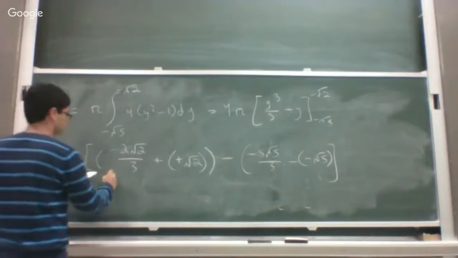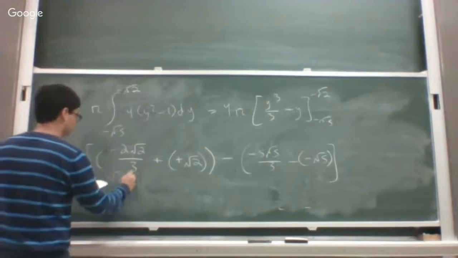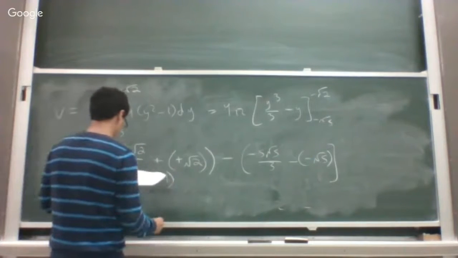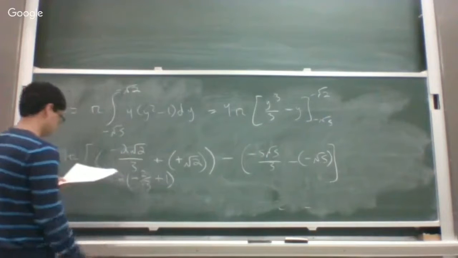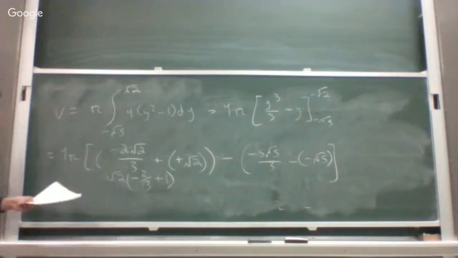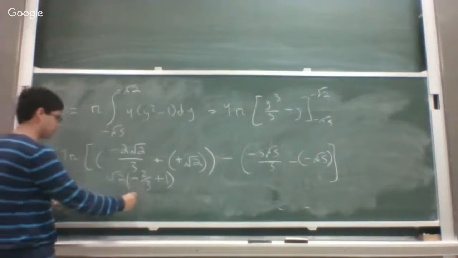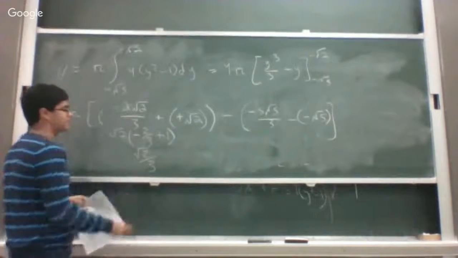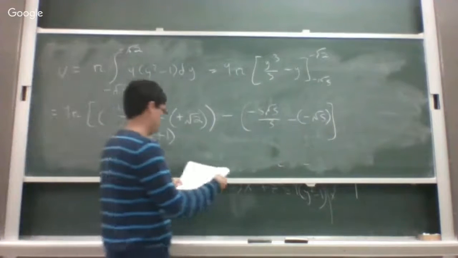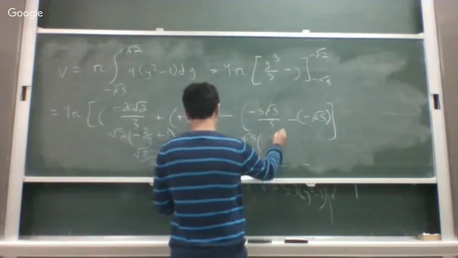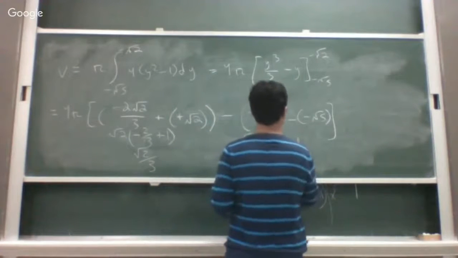If I take out a square root of 2 from here, I have negative 2/3 plus 1. I took out a square root of 2 to simplify that. This is equal to 1/3, so we have square root of 2 over 3. In here, we sort of do the same thing. We take out a square root of 5, so we have 5/3 minus 1.